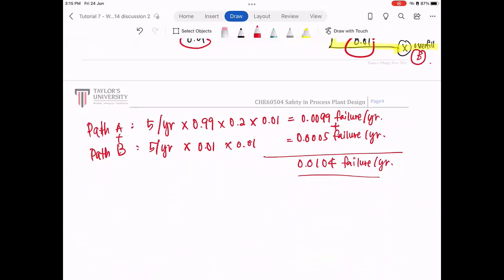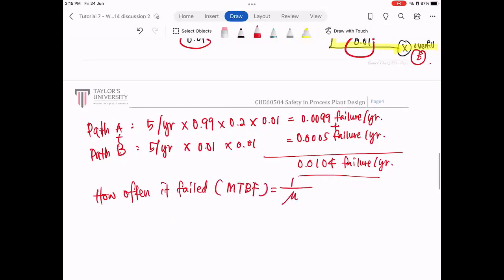0.0104 failure per year. So if we look at how long it would take to fail, or how often it fails, we call it the mean time between failure, which is 1 over mu, so 1 over 0.0104, which is 96.15 years.